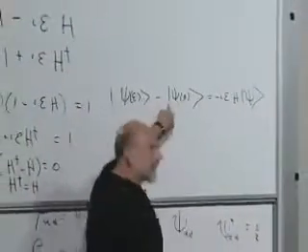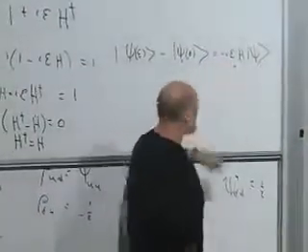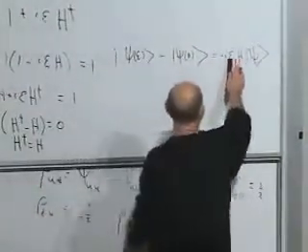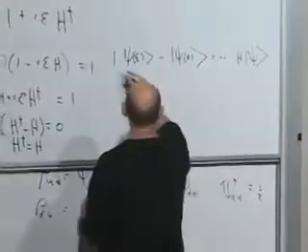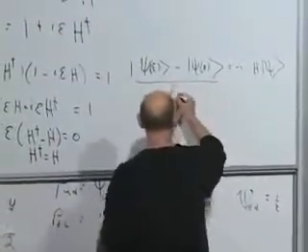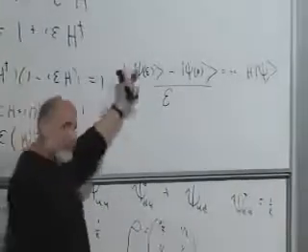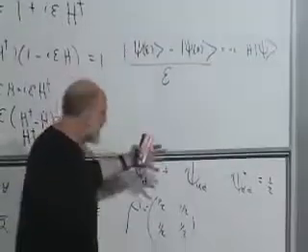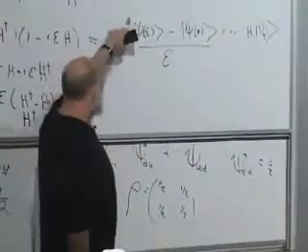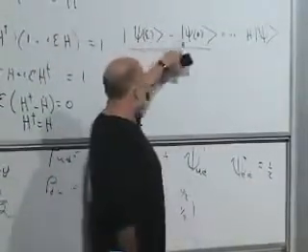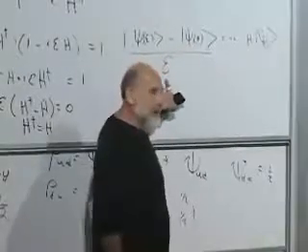This is a difference, but let me divide it now by epsilon. Divide both sides of the equation by epsilon. Well, this looks like the derivative of psi. Now let epsilon be very small. Take the limit that epsilon is very small. This is the difference of something at epsilon and at 0 divided by epsilon.